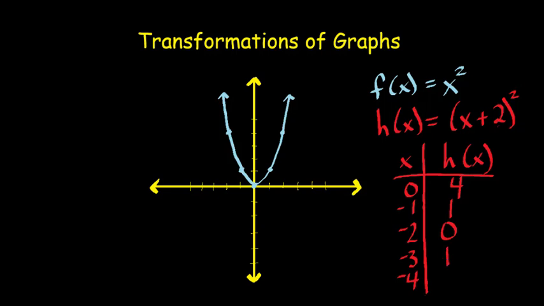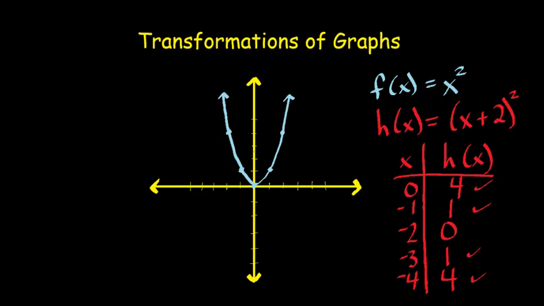And -4 plus 2 is -2. -2 times -2 is +4. So you can see we're getting some values at the same height, which will give us our curve that we're looking for. So that's why it's important to pick the middle value for x to be whatever would make this equation 0. So let's graph these.